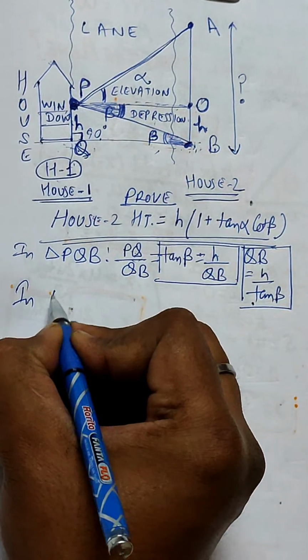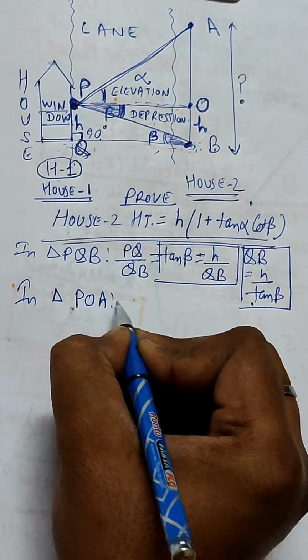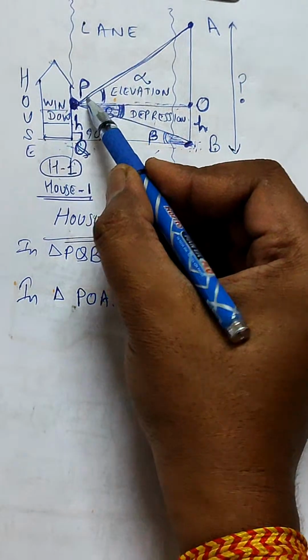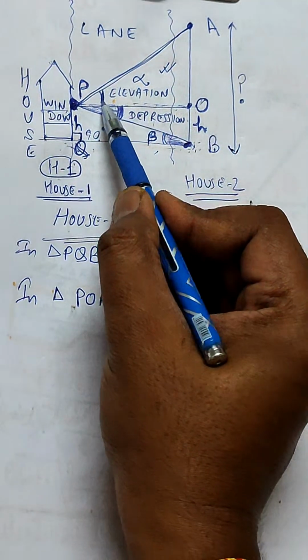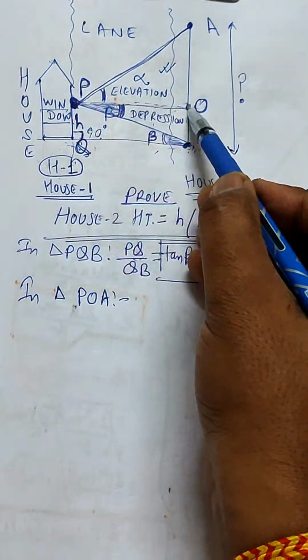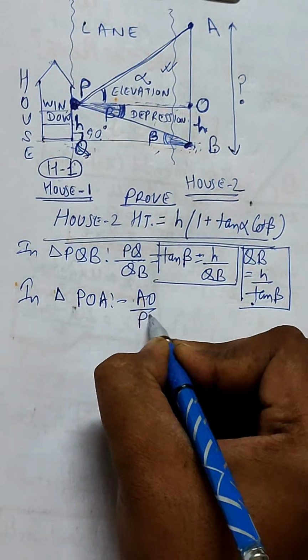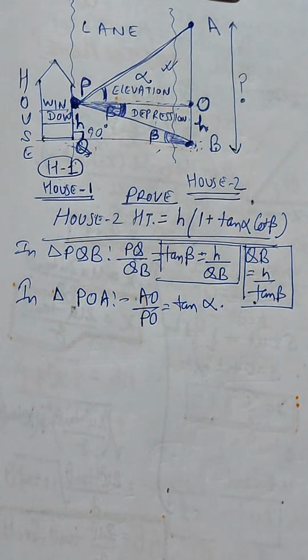Similarly, you can come to triangle POA, the upper triangle. Tan of alpha is AO by PO, right?